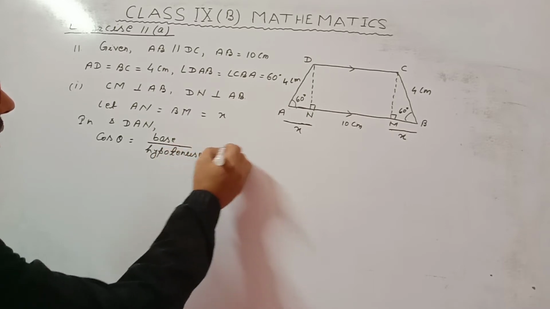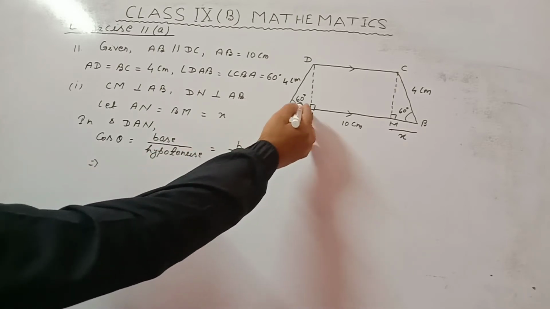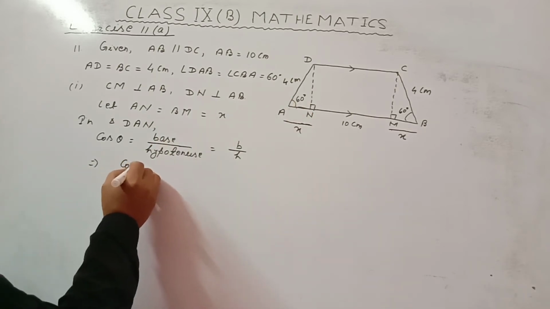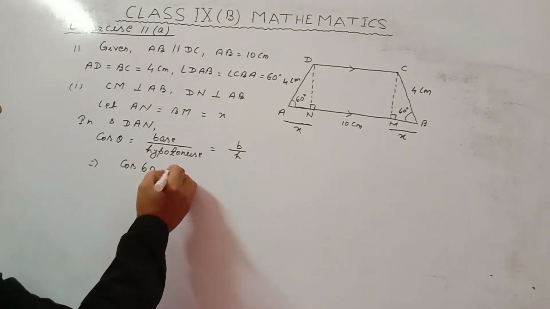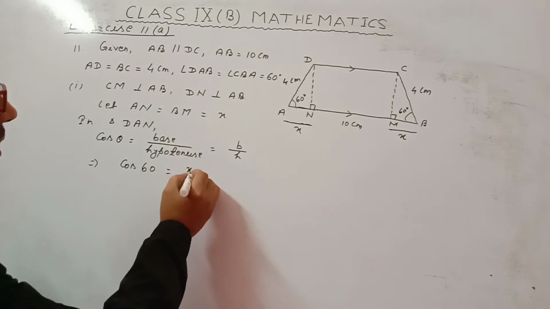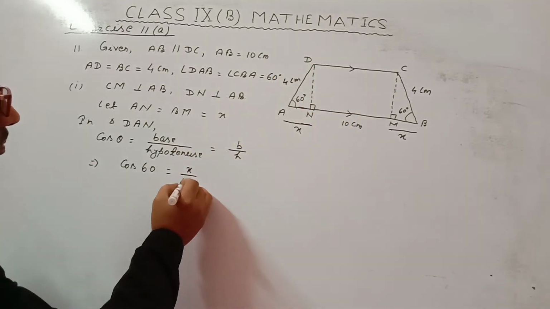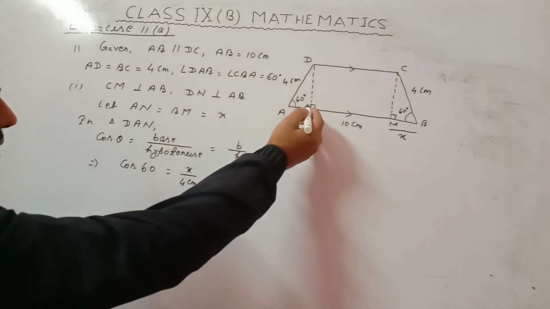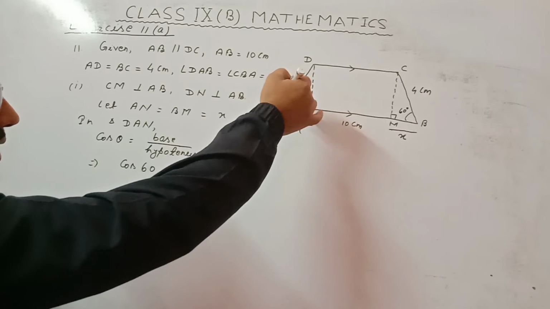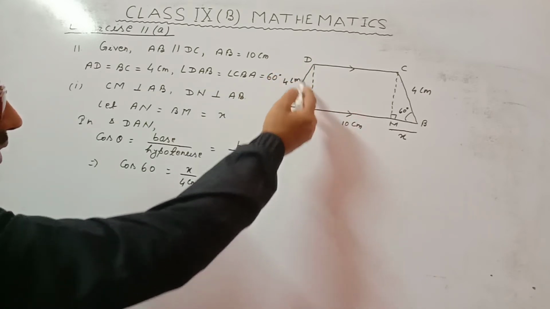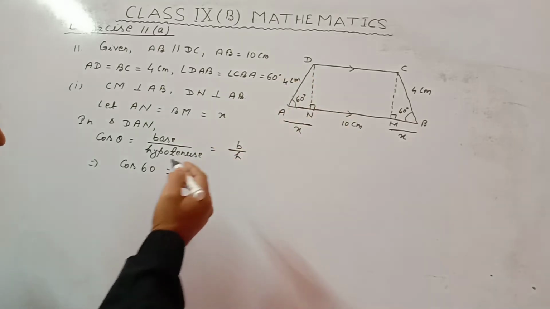In short, we say B by H. So here theta is 60 degree, so cos 60 degree equal to base is X and hypotenuse is 4 centimeter. Hypotenuse is the opposite side of right angle. So AD in this triangle DAN, AD is the hypotenuse.